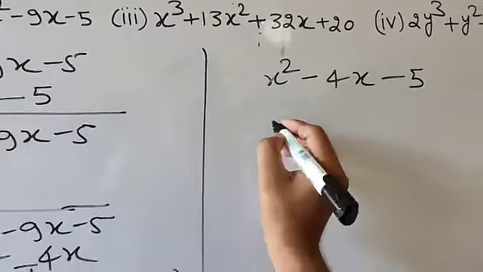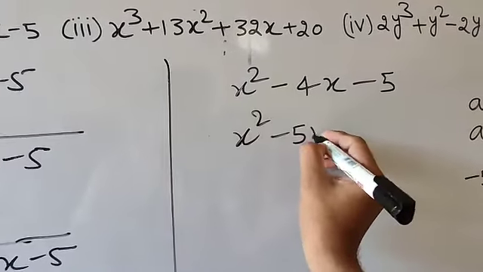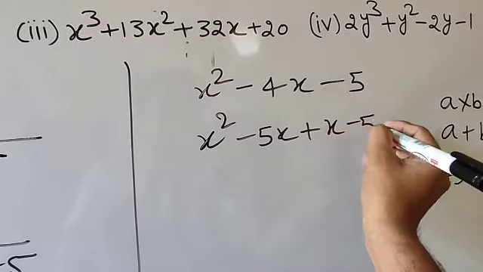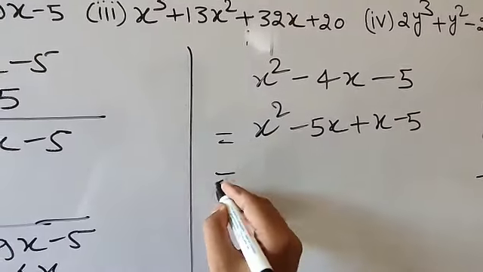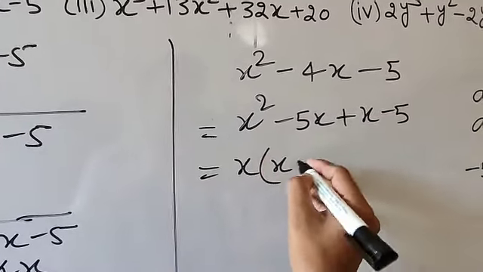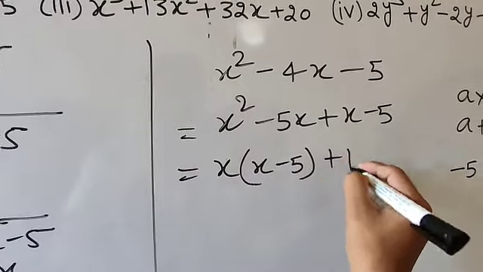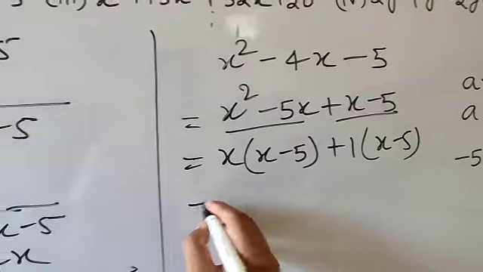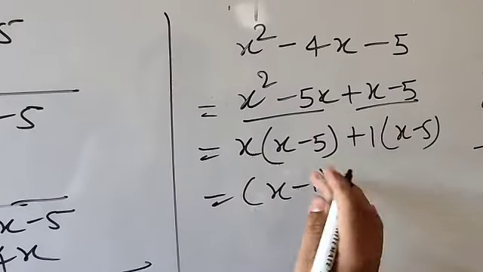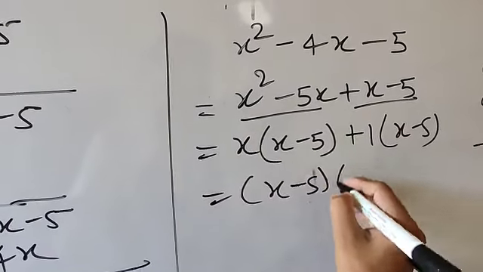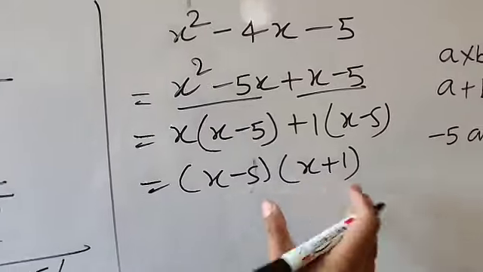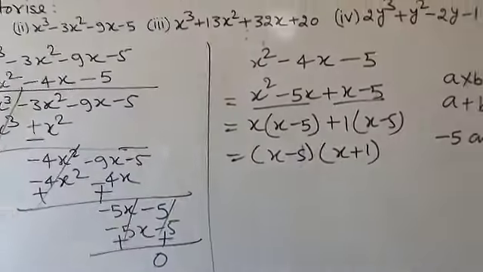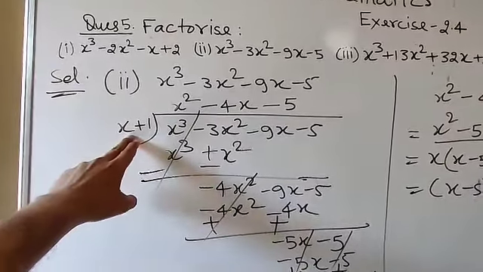So here you will write x square minus 5x plus x minus 5. Now here x is taken as common, so here x minus 5 and plus 1 is taken in these two as common, so it will be x minus 5. So in one bracket x minus 5 and in the second bracket x plus 1. So these are the two factors, and one factor you got in the very beginning, that was x plus 1.